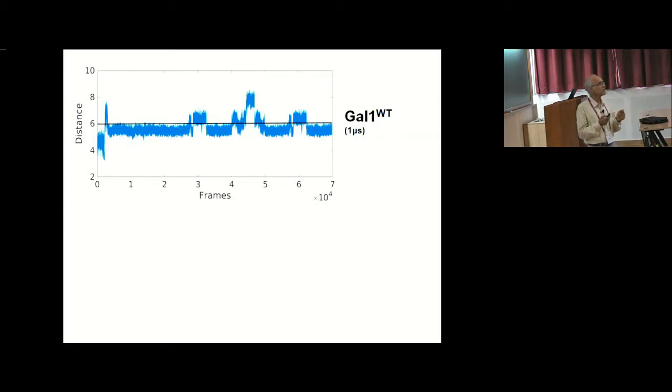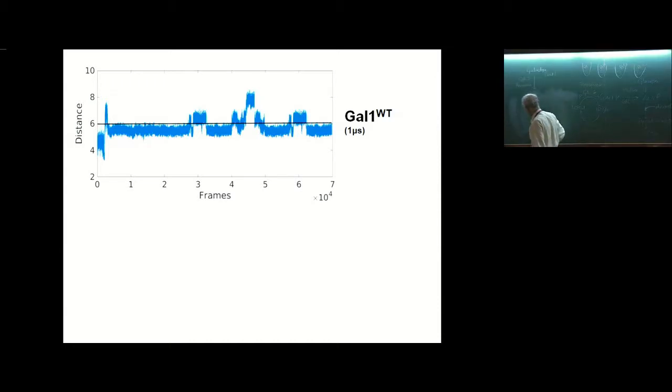But the question is, how do you identify a mutation in Gal1 that specifically increases the signal transduction activity? There's no way of identifying such residues where you can mutate and increase only one activity without losing the other activity.